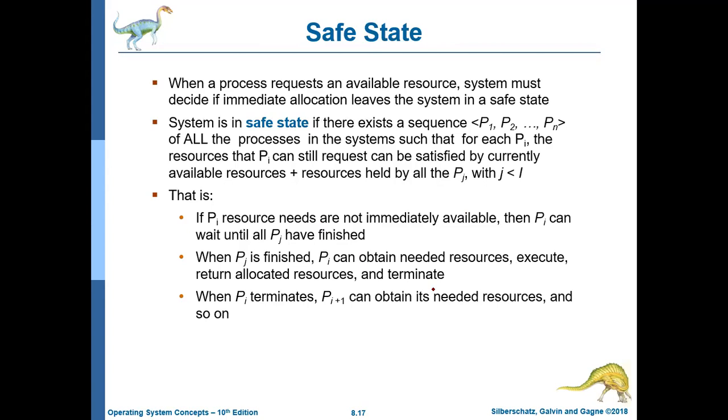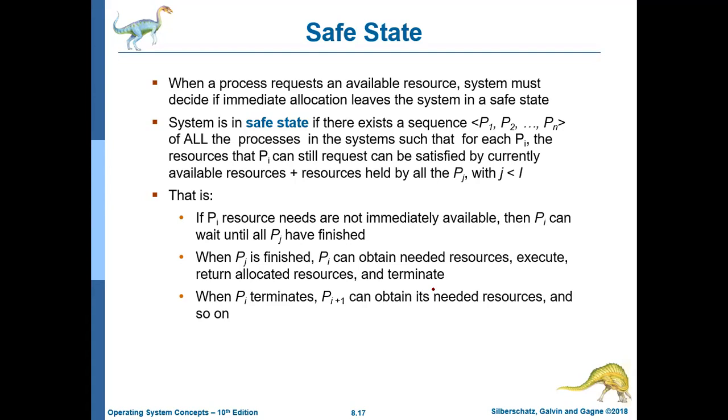We need to check that when we are allocating a resource to any process, after allocation the system will be in a safe state. Safe state means there should not be any cycle in the resource allocation graph. If a cycle is there, you cannot provide that resource type to the process.